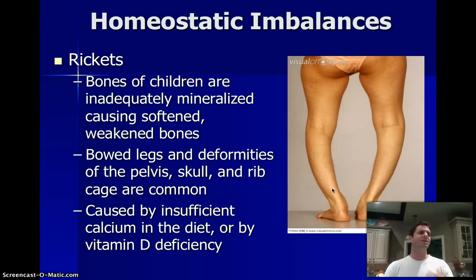This is caused either by not enough calcium in the diet, because calcium is important for vitamin D absorption, or the other way around, and also just vitamin D deficiency. So let's say you don't drink enough milk, which is vitamin D fortified, and you're not in the sun enough, well then you can get rickets or osteomalacia.